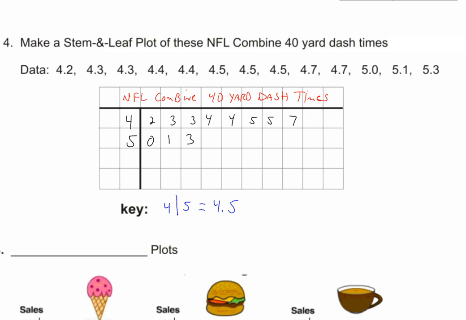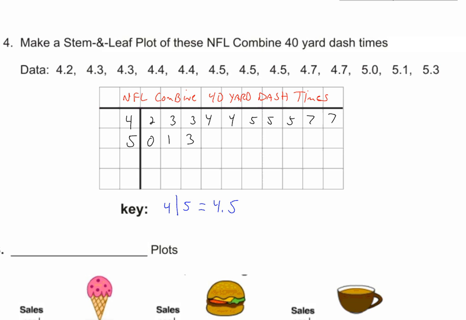All right, a 5, 5, 5, then the 7, 7. And then for the 50s interval, we had a 5.0, a 5.1, and a 5.3. Clearly, most of the times were in the 4-point times, and there were a few in the 5.0s, probably some linemen.